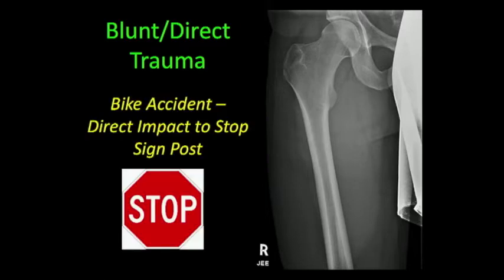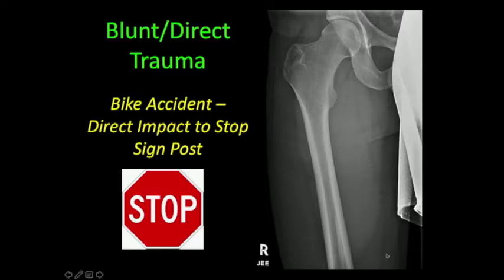Moving on to direct or blunt trauma, I've had a couple of really interesting cases where ultrasound was useful in just kind of aiding the diagnosis. And this was a gentleman who had a bike accident and had direct impact of his thigh to a stop sign post.